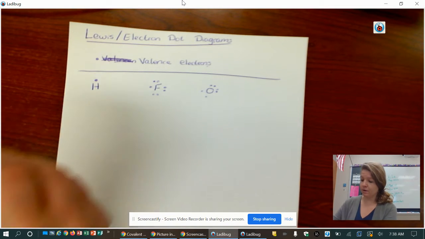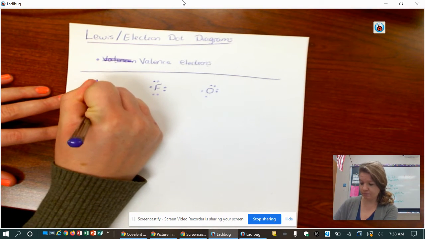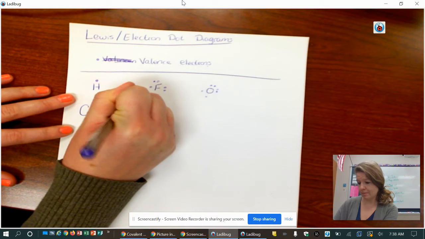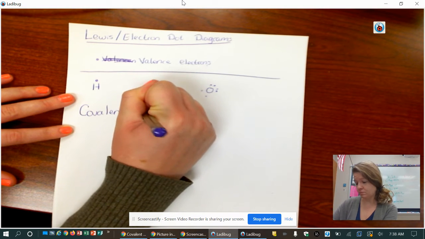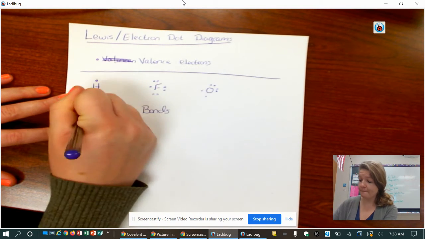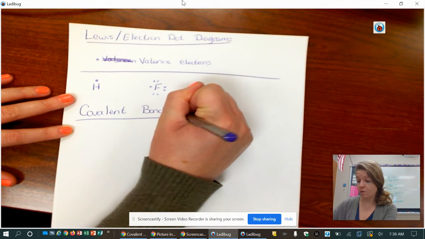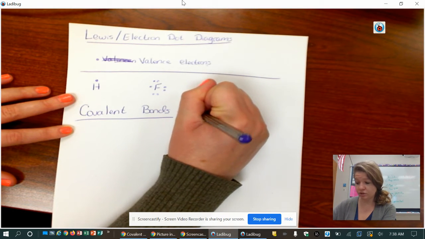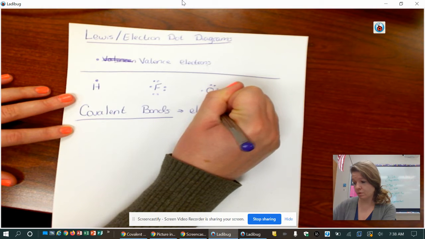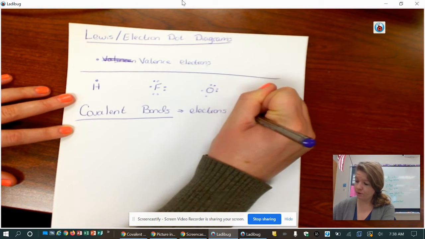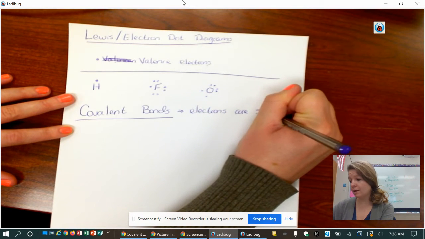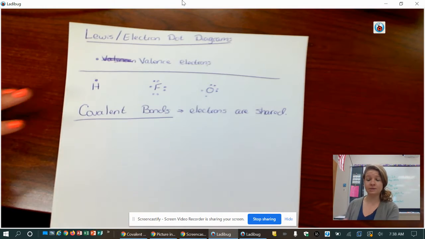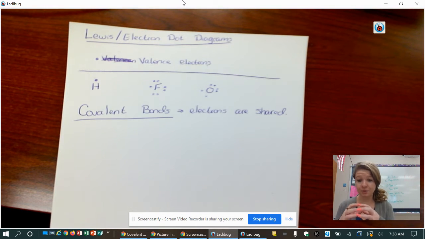So remember, covalent bonds are bonds that form when electrons are shared. Remember, your negative electrons want to be near your positive nucleus.